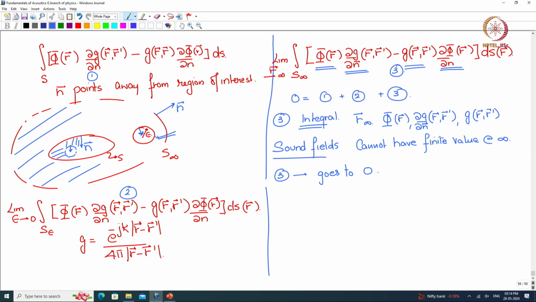And so right now I am just going to argue logically that integral 3 goes to 0. Later I will show using the Sommerfeld radiation condition how that happens. So this will be a formal way to show that indeed number 3 integral goes to 0, but here even argumentatively it must go to 0.